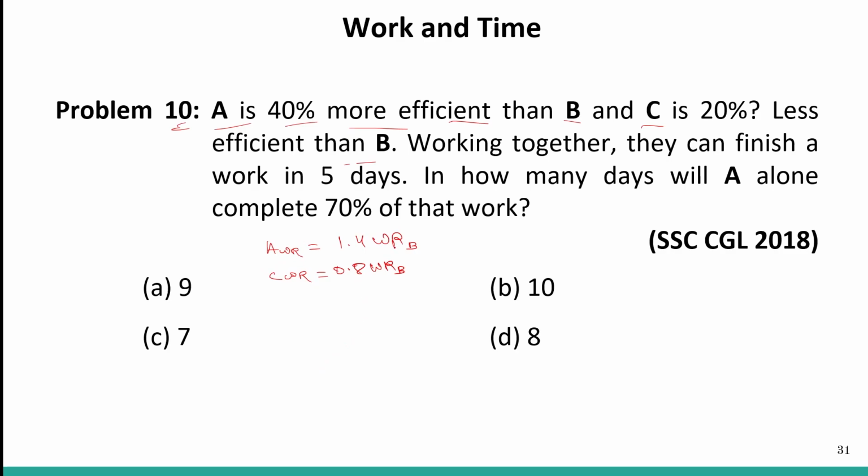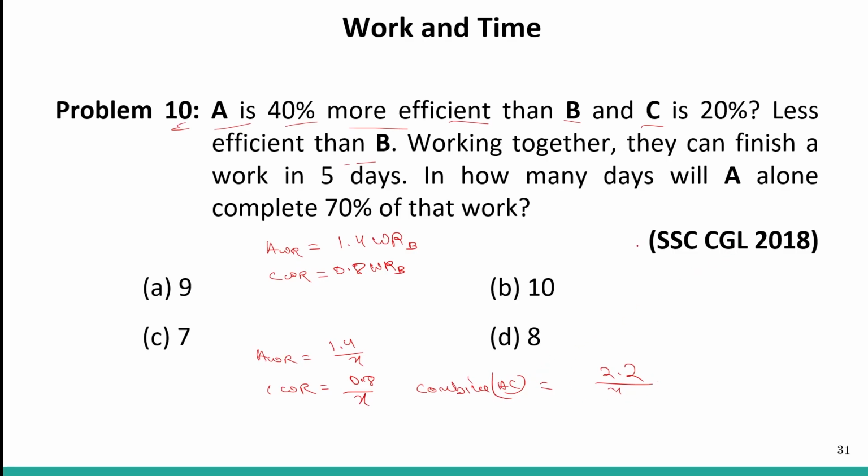So if working rate of B is equal to 1 by x, okay, so AWR is equal to 1.4 by x, right? And CWR is equal to 0.8 by x, right? So cumulatively, AC combined is x remaining in the denominator, and adding up what we get is 2.2, so 2.2 by x.